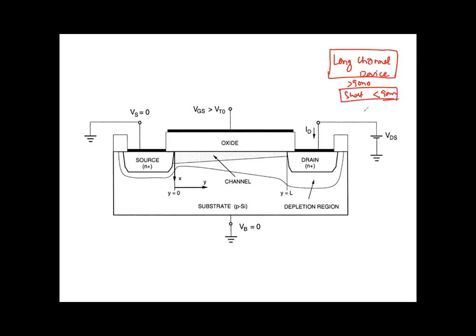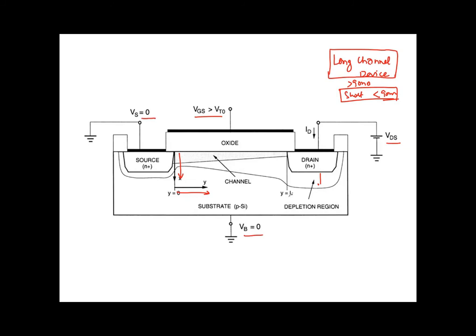So they have different considerations. So here you can see VGS is greater than VT0. VDS is being applied some positive potential. This is your depletion region. This is the channel being created. And this is your y-axis, and your electric field is in the x-axis. So the body is grounded. This is grounded. And that's all which is being required.